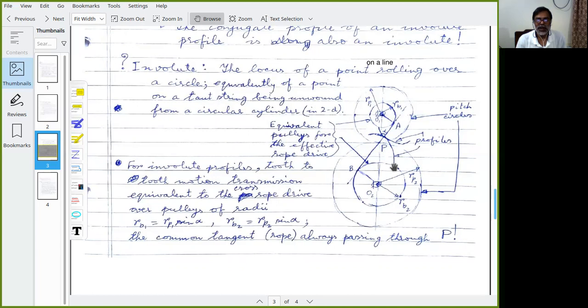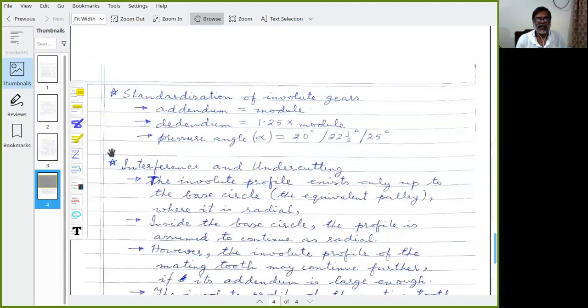So the two involute profiles, this, then top line, this, the top line. And at the point of contact, the common normal passes through this point. So this is the kinematic equivalent, and that obviously gives you an involute according to this definition of the involute, right?